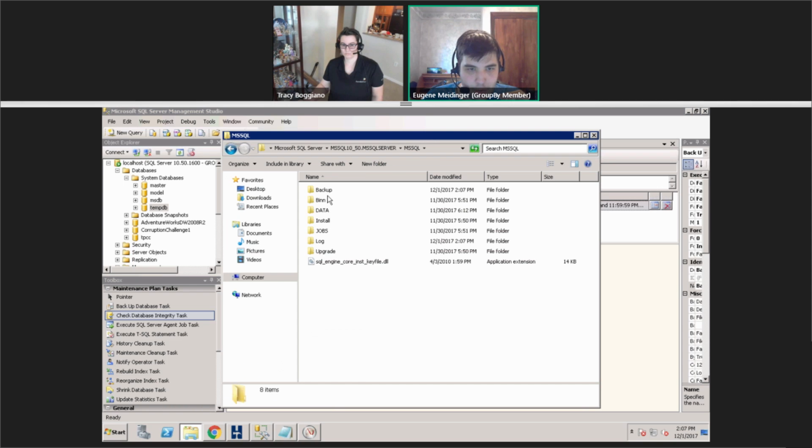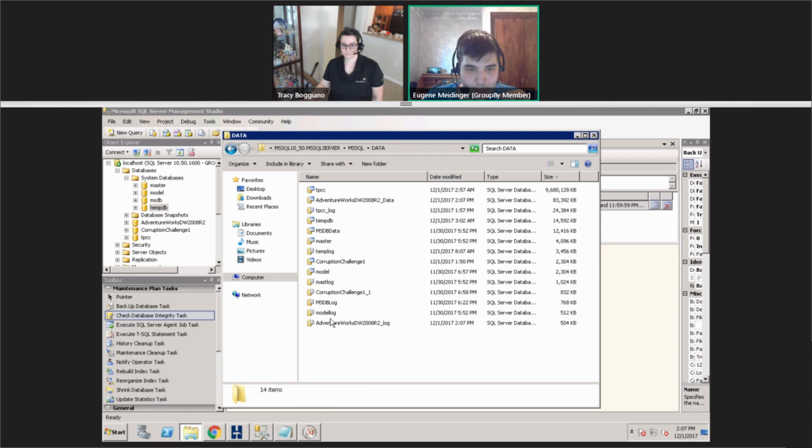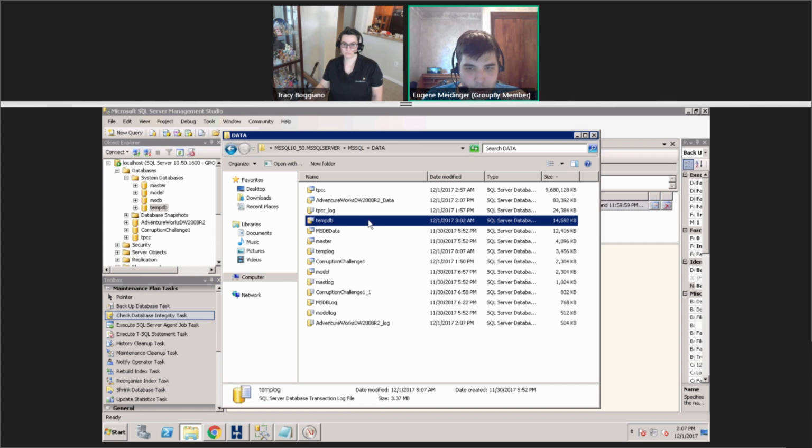But you can also go to data and say, okay, here's the log file, here's TempDB. We only have 1 file. Again, you probably want to split it out. I don't think you technically require an outage for it, but it's still good to plan for it anyway to do that sort of change.